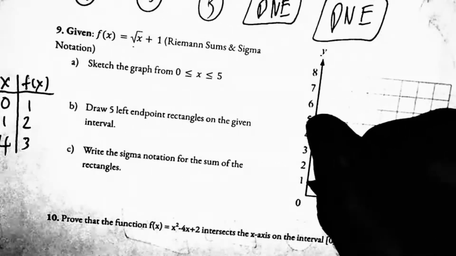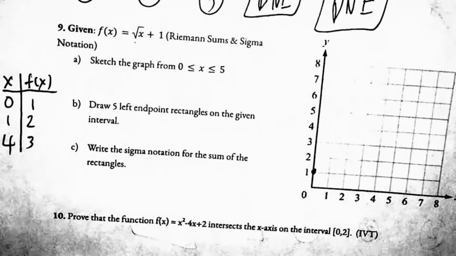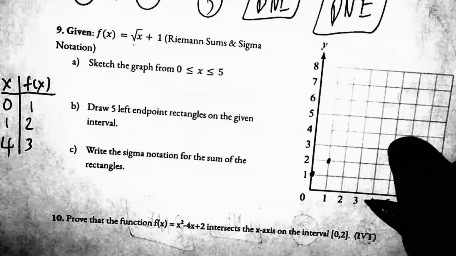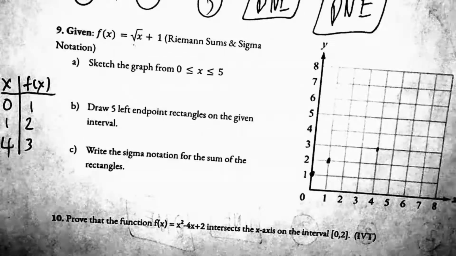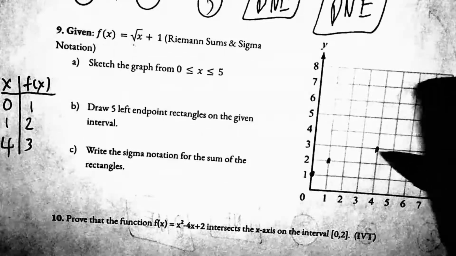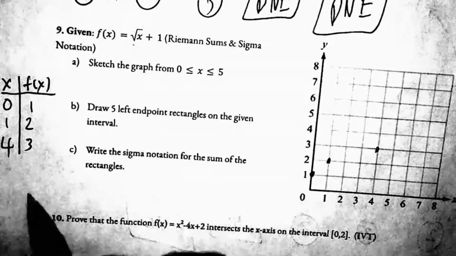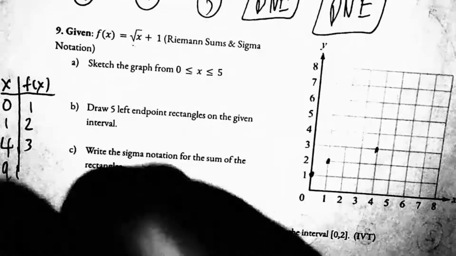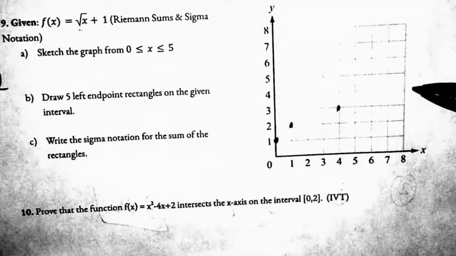So I got 0, 1. I've got 1, 2. And I've got 4, 3. I'm kind of getting a picture of this. And I know that 9 is another perfect square. Square root of 9 is 3 plus 1. That would be 4. So I know I should roughly be hitting 4 kind of over here.